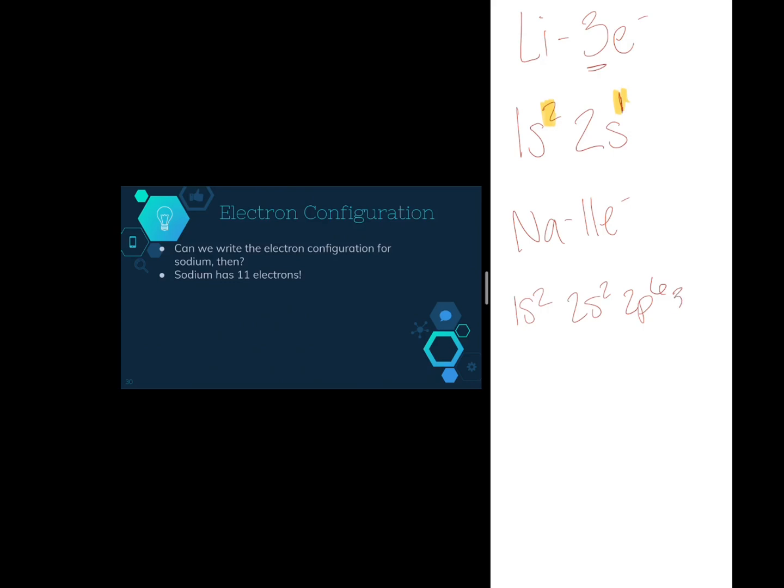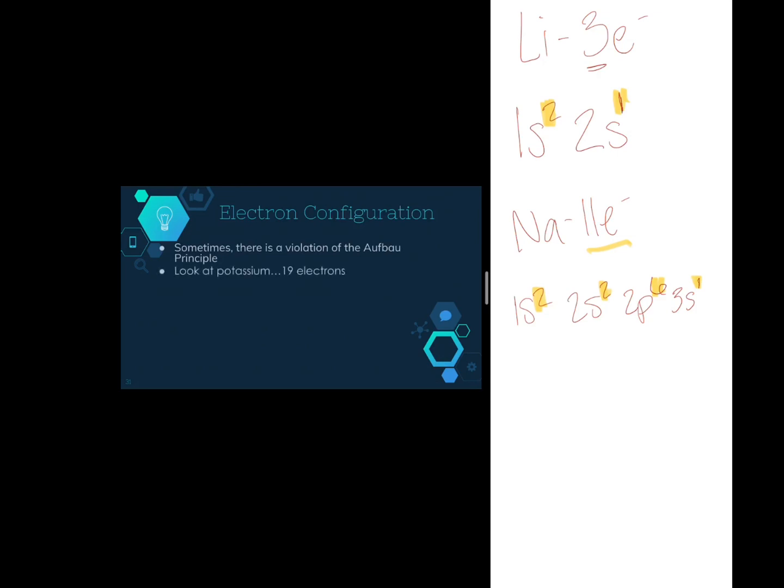And then I would go to my next energy level, which is energy level 3. The first thing it has to fill is that S sublevel. I only need one more electron, so I can put a 1. So if I add up these superscripts, those are going to add up to be 11. Again, I'll show you a shortcut for this in just a minute.